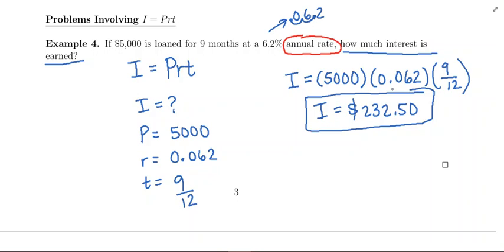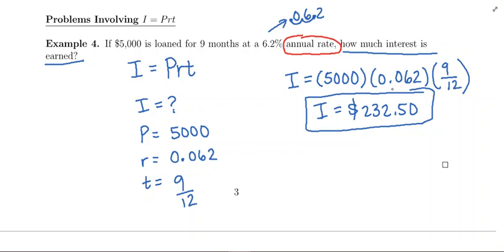So $232.50 is a sensible number. If you got a number bigger than $5,000, that doesn't make sense. How can the interest be more than the amount you borrowed for just a 9-month period? Try to reason through whether your answer makes sense.